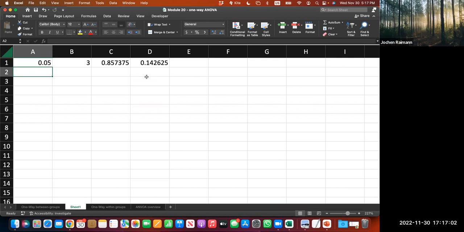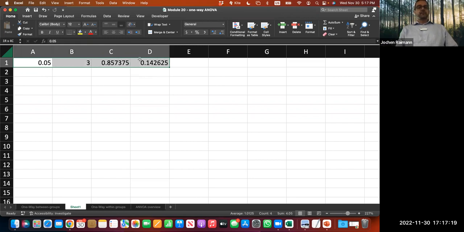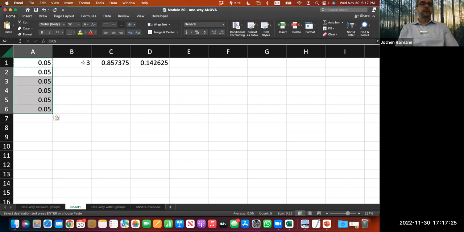This to the power of 3 gives you an 85% probability to be right. 1 minus that probability of being right, that's your type 1 error risk. And this becomes even worse when you inflate.